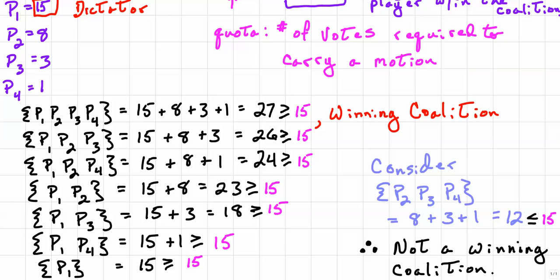Now you'll notice that in each one of these winning coalitions, P sub 1 is a key player, because P sub 1 is a dictator in this particular scenario, and P sub 1 is critical to the success of all of these possible winning coalitions.